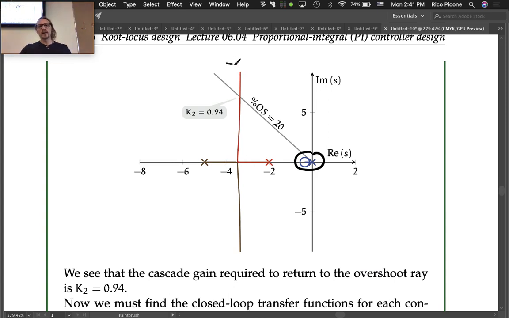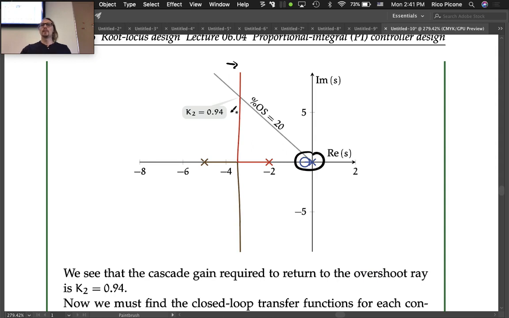We did pull it a little bit to the right, didn't we? But not too much. It's going to change our performance a little bit. And in fact, in order to adjust the gain to get back on that 20% overshoot line, we had to go to a gain of about 0.94.